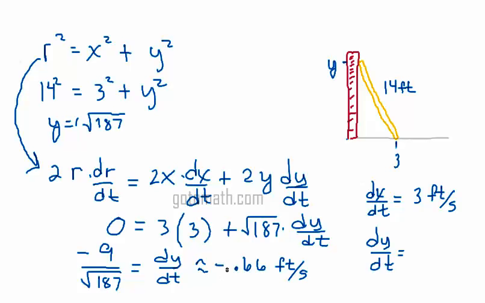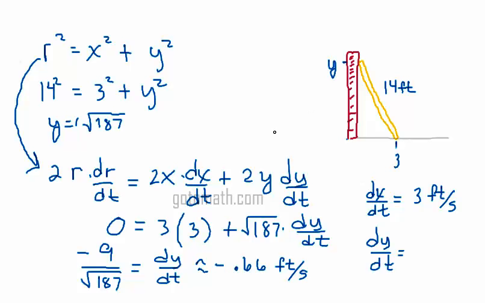It gives us a direction. If one of the problems gave us a number like 1 foot per second, because it's decreasing, we have to consider it to be negative.